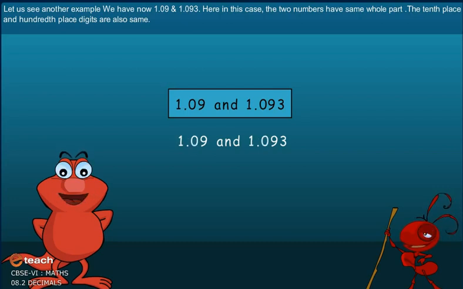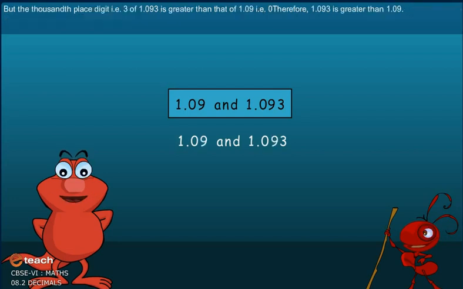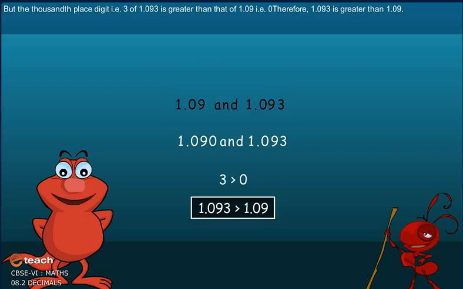The 10th place and 100th place digits are also the same. But the 1000th place digit, that is 3 of 1.093, is greater than that of 1.09, that is 0. Therefore, 1.093 is greater than 1.09.